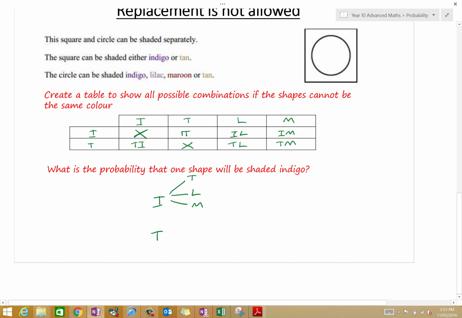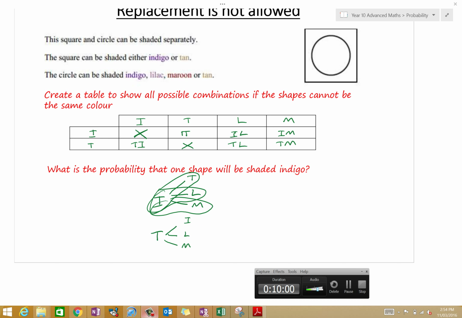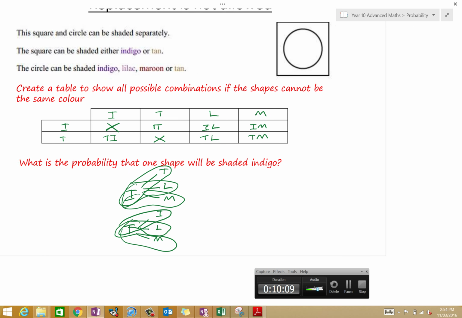If I choose tan, then I've got indigo and I've got L and I've got M. Notice we can't replace. So I've got a total of 1, 2, 3, 4, 5. Well done. We can count to 6, people. So we've got 6 outcomes, don't we?